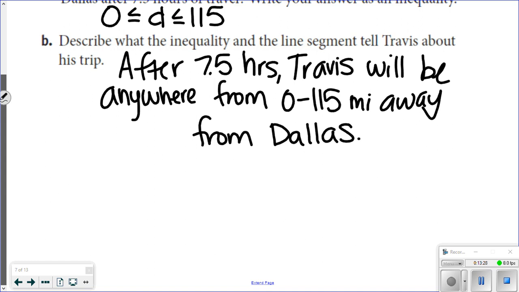He's either there, and you can use whatever numbers you want. If you said 105, 110, 120, that's the number that you would plug in instead of the 115.